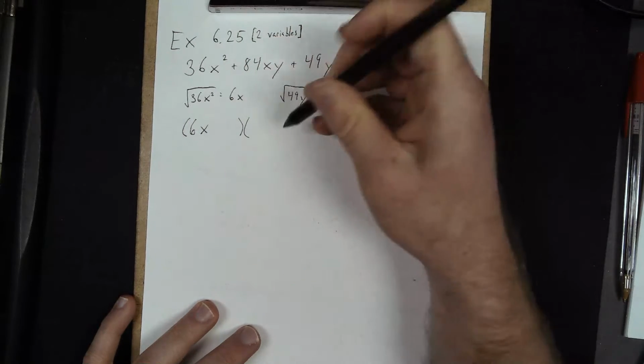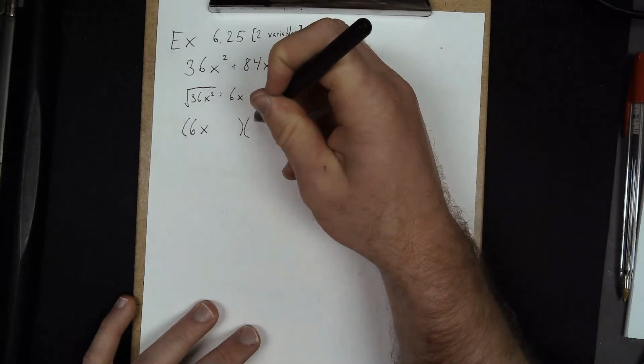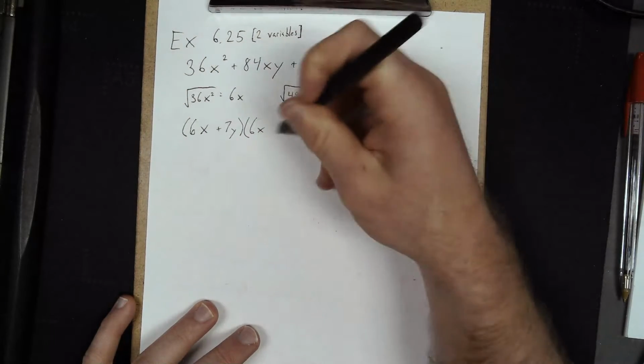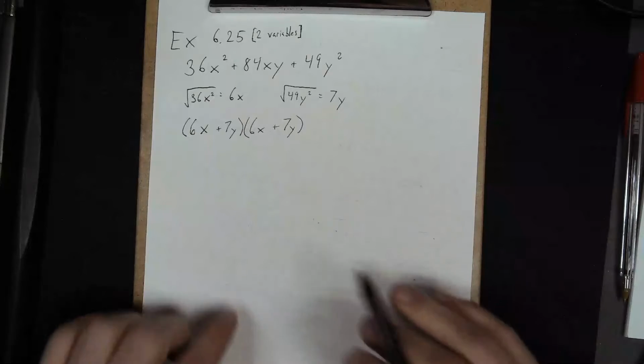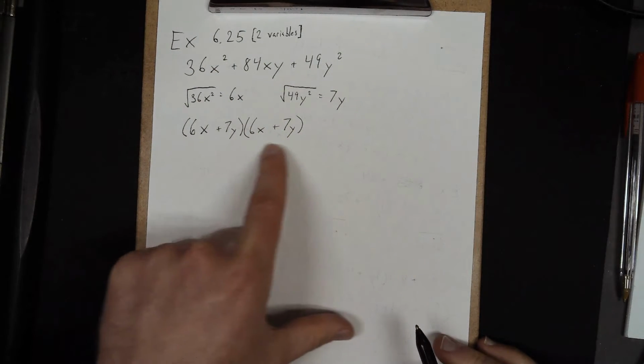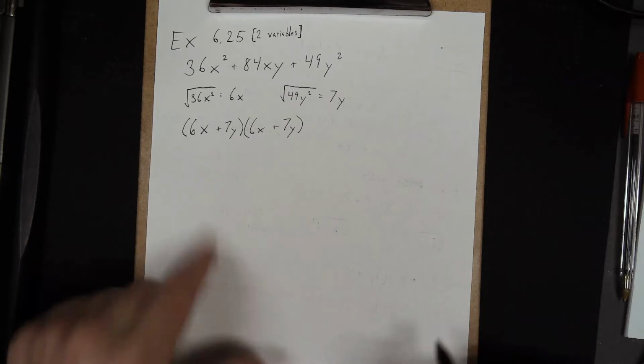So we take our 6x, we plug in our plus 7y, and here everything is positive, so we don't have to worry about minusing anything here. There's no chances for that.